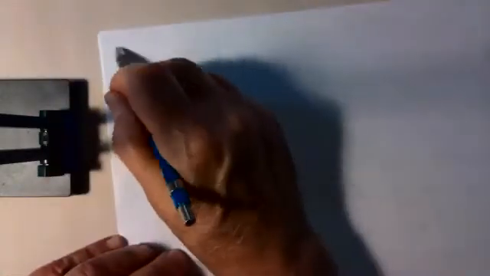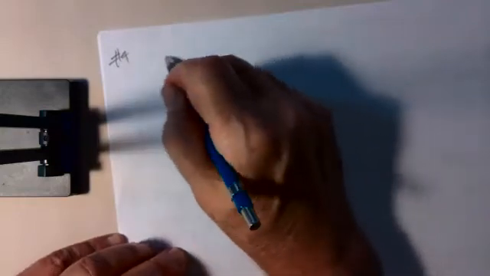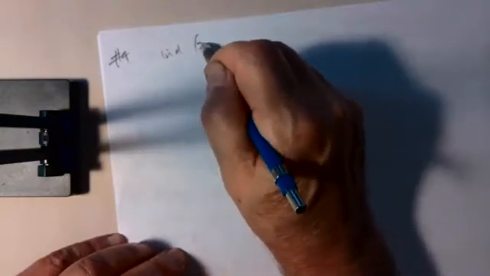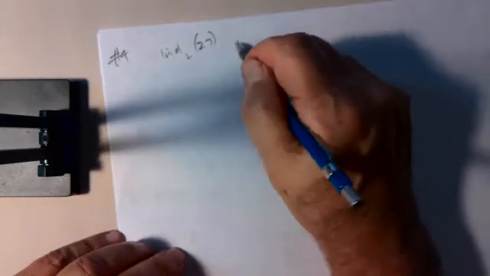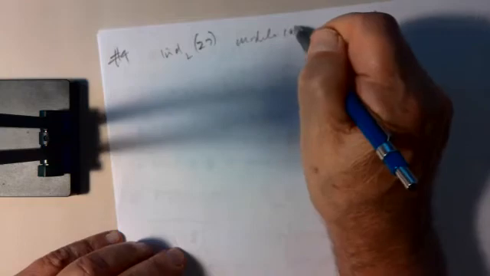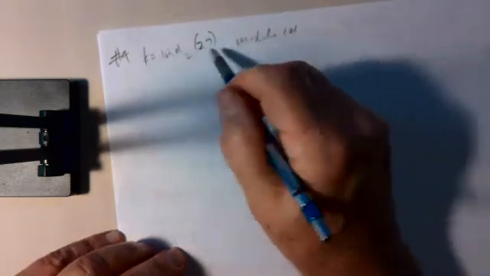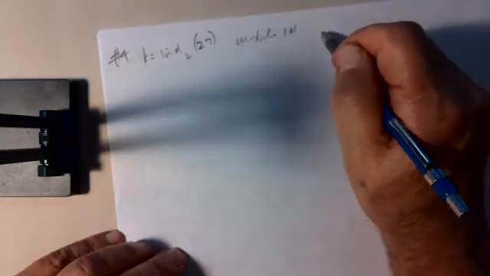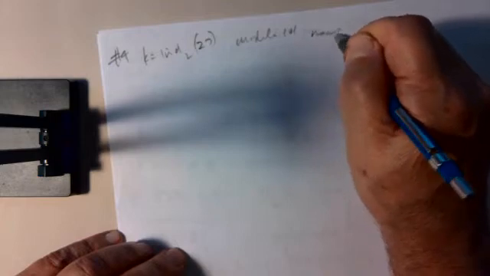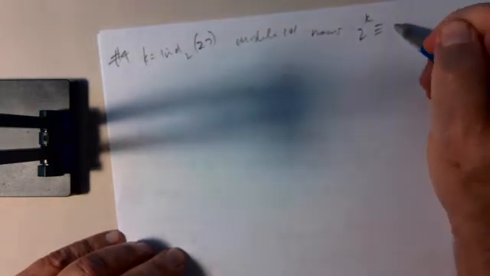And then problem 4 is to find the index of 27 with respect to the primitive root 2 modulo 101. So to say that k is the index of 27 to the primitive root 2 means 2 to the k is congruent to 27 mod 101.